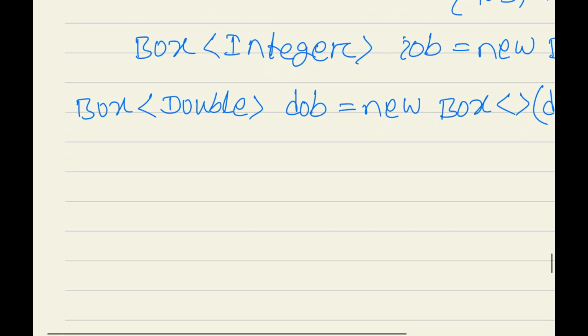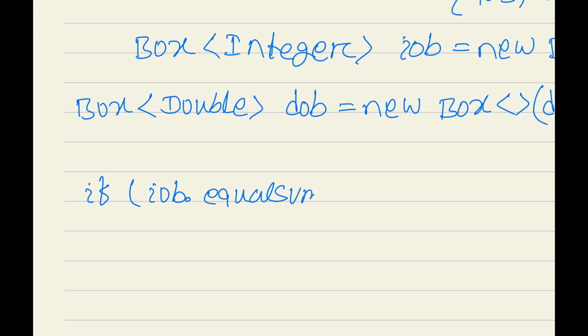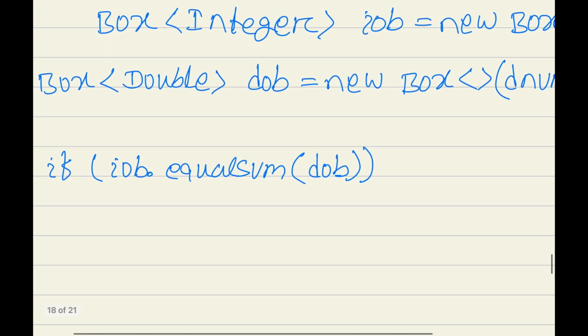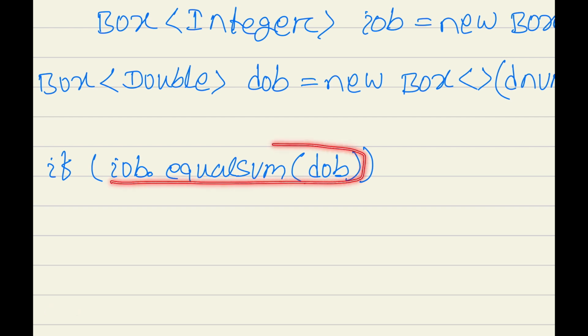For that we can write like this: if iob.equalSum, that means the object iob invokes the equalSum method and it passes dob to the equalSum method. This equalSum method is going to return a boolean value.